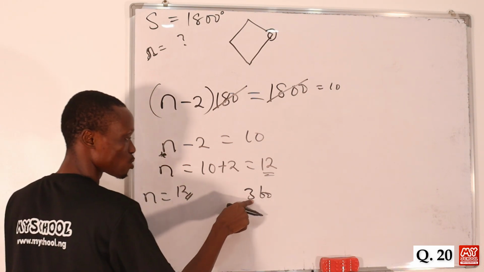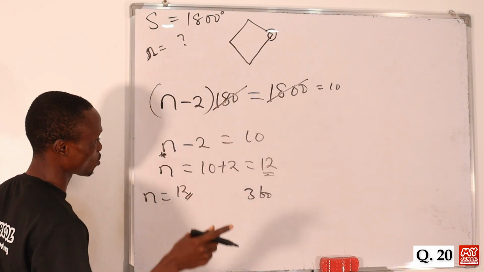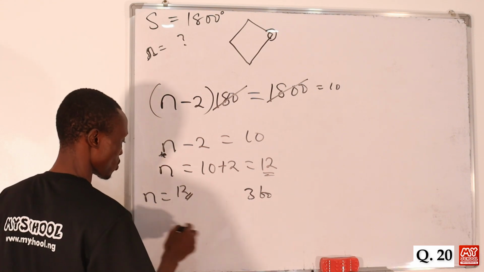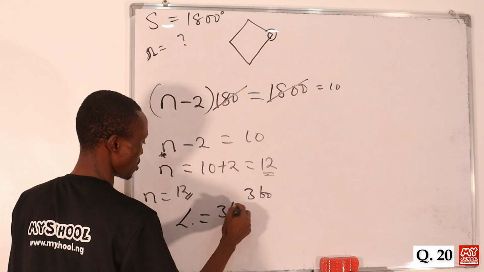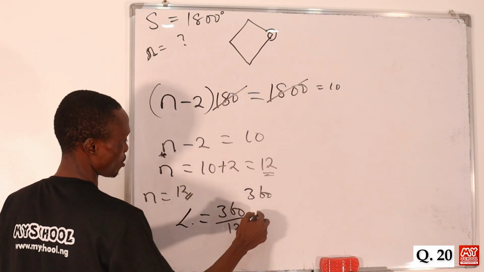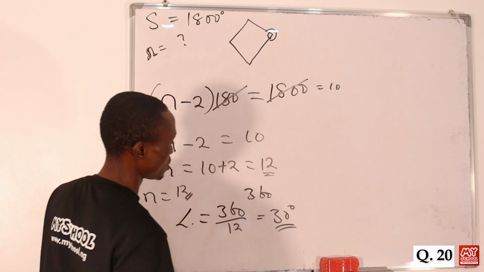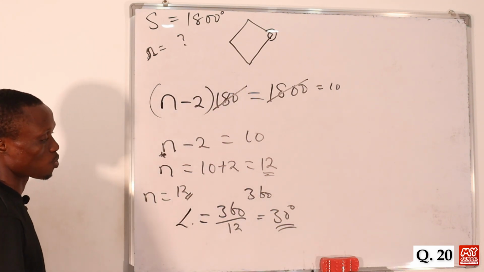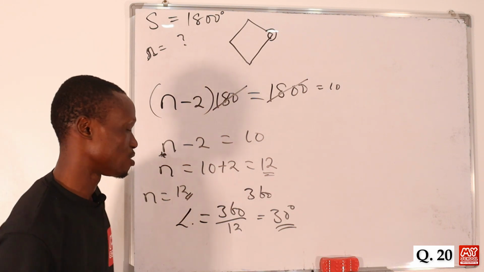Remember that this 360 represents the sum of the exterior angles, not interior angles. So one of the angles will be equal to 360 divided by the number of sides, and this will be equal to 30 degrees. So the size of one of the exterior angles is equal to 30 degrees.